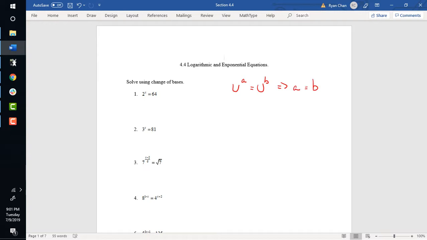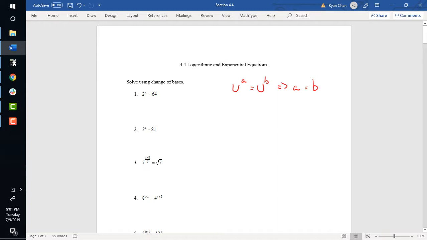If I have two things that have the same base, which happens to be u, and they have different exponents, and they're equal to each other, that means the exponents have to be equal to each other as well. So the idea is I can change my bases so that I have the same base and then use the exponents to set them equal to each other.